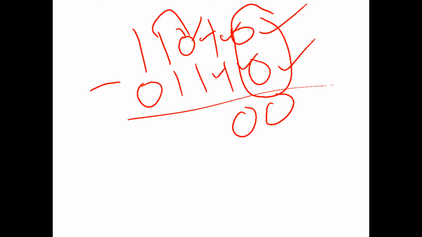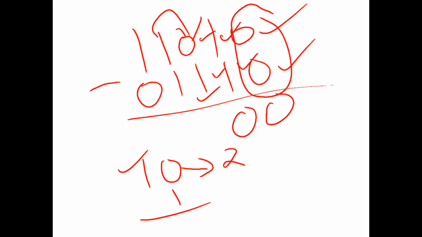Now, when one borrow is taken up, this 0 will become 10. And the second one is this needs to be subtracted from this one. And we have already learned in the previous example, it is 2 in decimal, it is 1 in decimal.